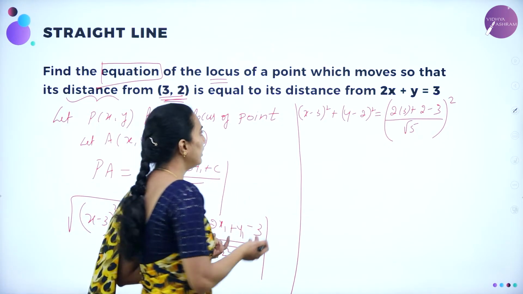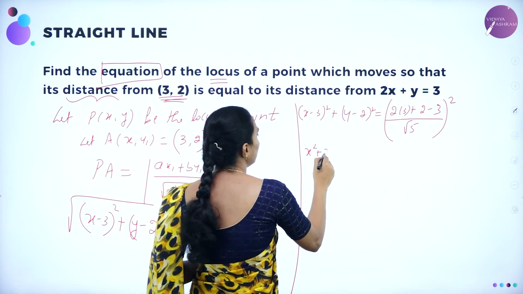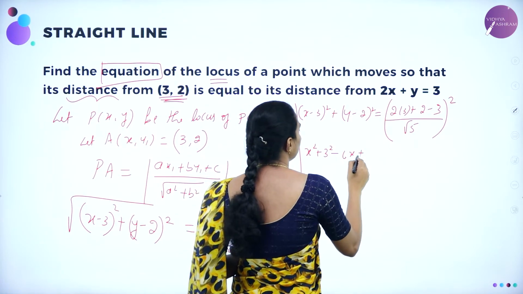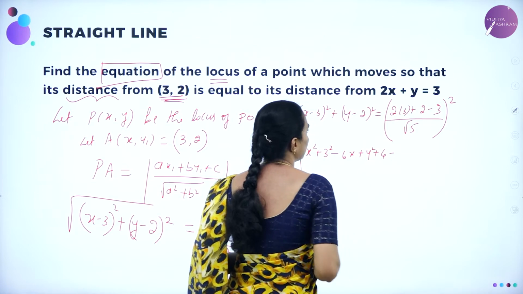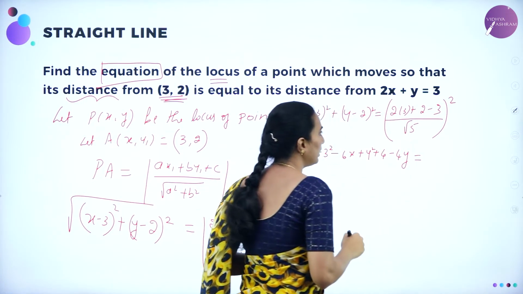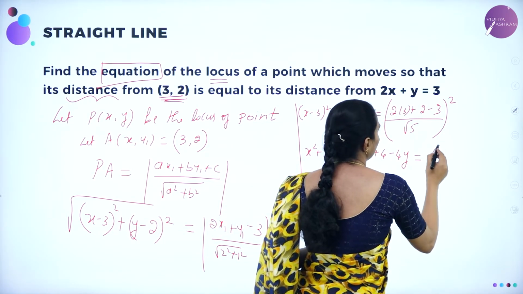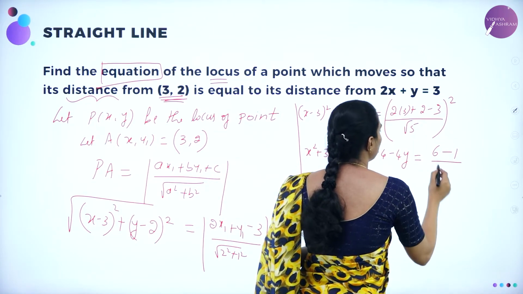Okay. So here (x minus 3) whole squared, expanding: x squared plus 3 squared minus 2 3s are 6x, plus again expanding this, y squared plus 4 minus 2 2s are 4y is equal to, now 2 minus 3 is minus 1 divided by root 5 whole squared.